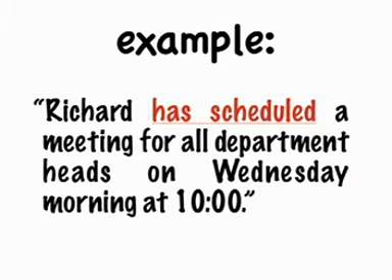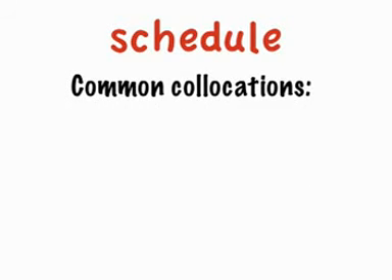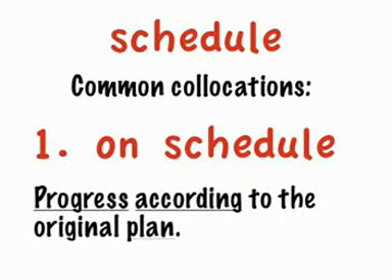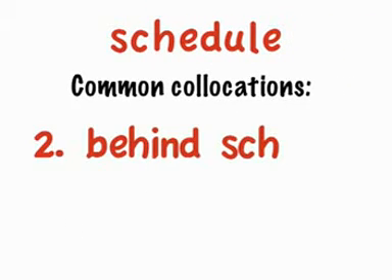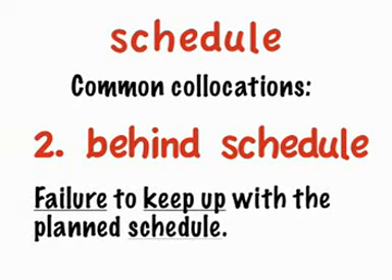Two common collocations are on schedule, which refers to progress that matches the original plan, and behind schedule, which refers to a failure to keep up with the plan.